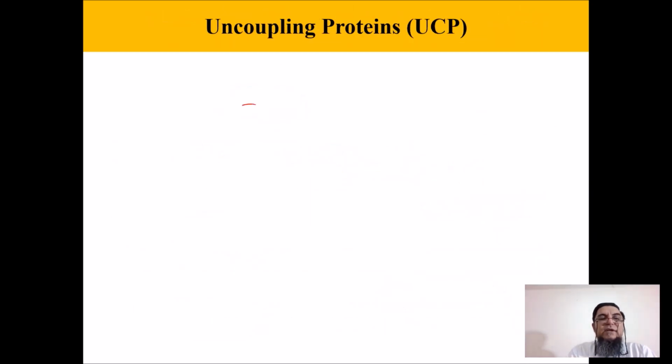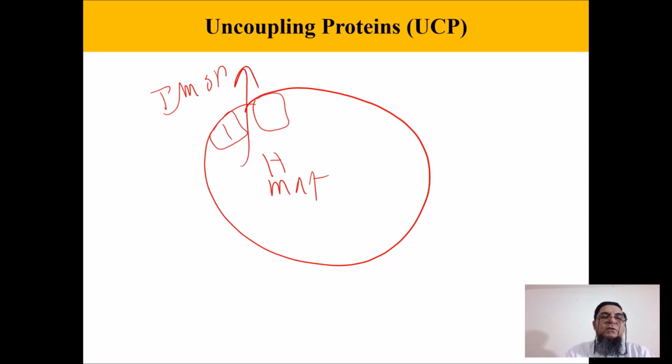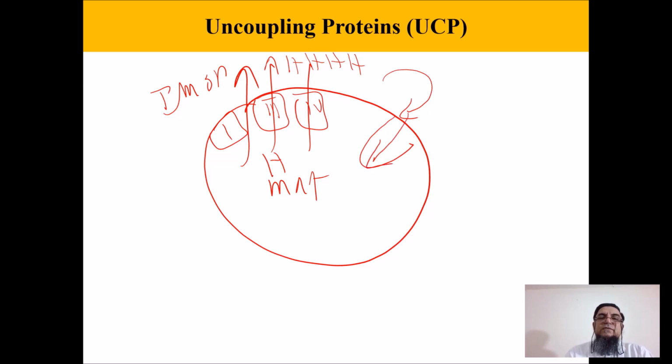So this is the mechanism of uncoupling. Let me explain to you. This is the intermembrane space. This is the matrix. We push hydrogen from different complexes, complex 1, complex 3, complex 4. The hydrogen is pumped out, so too much hydrogen should be in the intermembrane space. Then this hydrogen will come back through the F0F1 complex, and then ADP will be converted into ATP.